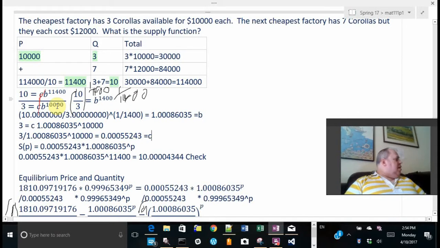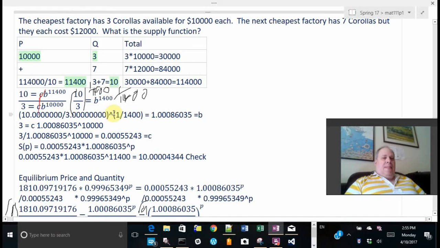We divide those 2 equations so the C's cancel. And that's going to give us 10 over 3 is B to the 1,400. What we're going to do is take both sides to the 1 over 1,400. And the result is going to be worked out here.